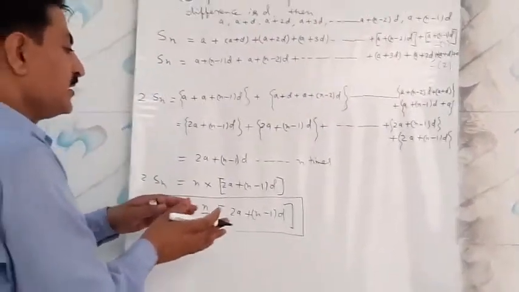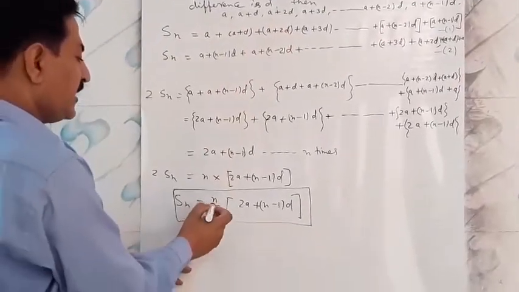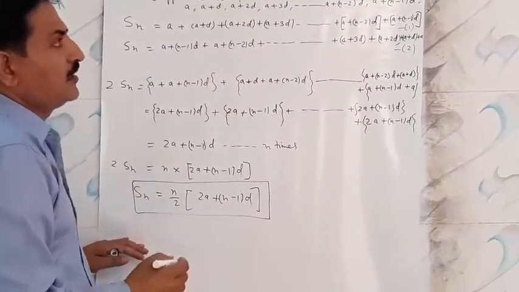If you have to find the sum of the terms given in an AP, then this is the formula: Sn equals n by 2 into 2A plus n minus 1 D. Thank you.